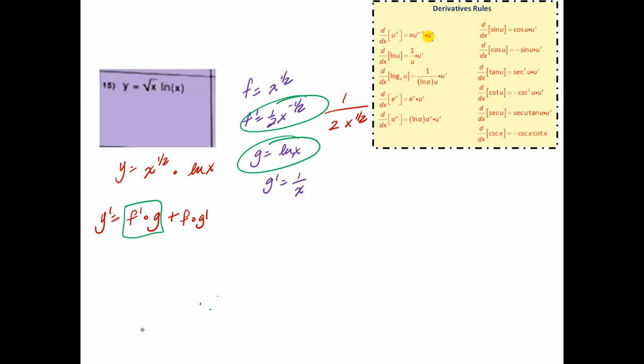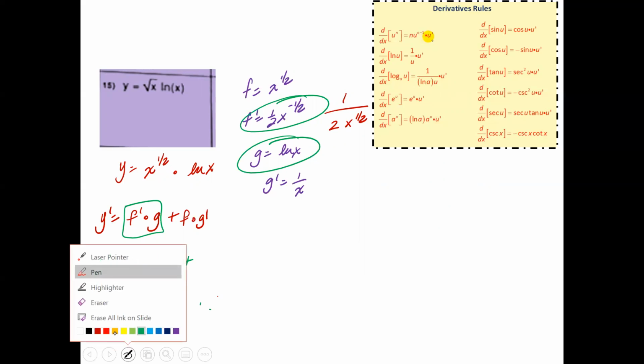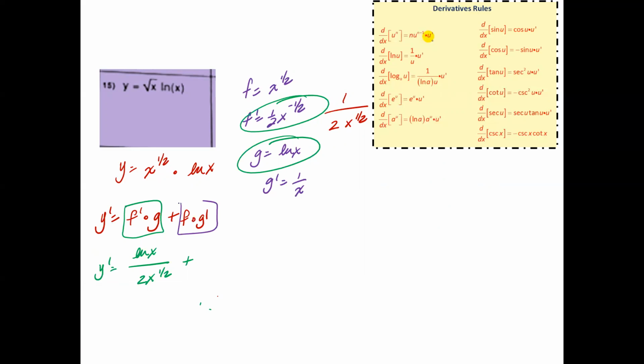So f prime times g, I'm going to have ln x over 2x to the 1/2, plus f times g prime, so I have x to the 1/2 over x.